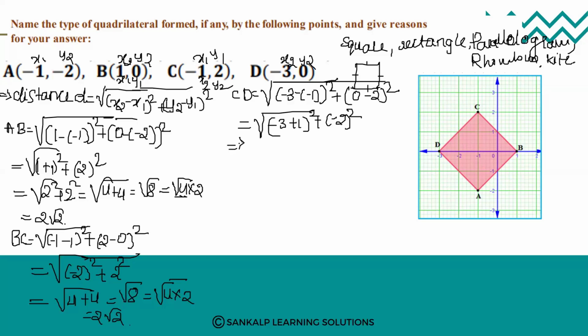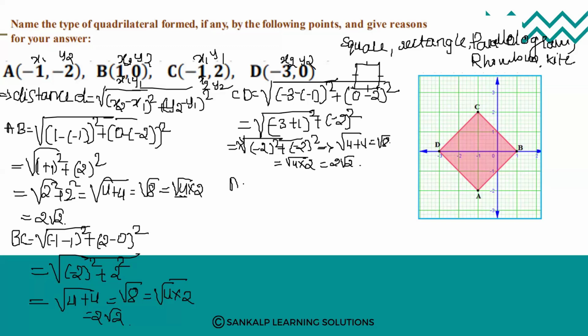So what do you get? Square root of minus 3 plus 1 means minus 2 whole square plus minus 2 whole square. So minus 2 whole square is 4 plus 4, that is equal to root 8. So this can be written as 4 into 2, that is equal to 2 root 2. Again you will get 2 root 2. Next, finding the distance of CD is over.